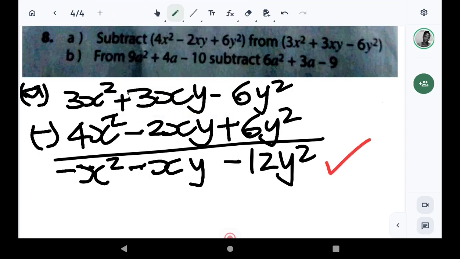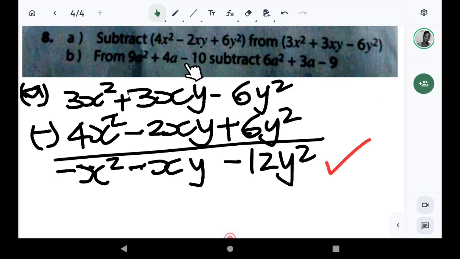Number 2, number B: from 9a squared plus 4a minus 10, subtract 6a squared plus 3a minus 9. So we must subtract this from that, meaning that we start writing this, and then we write this after the minus.